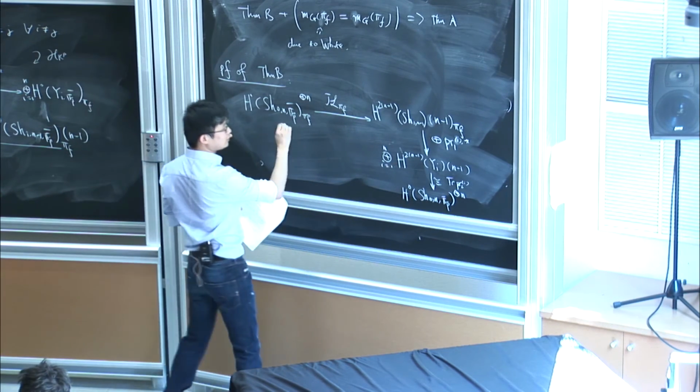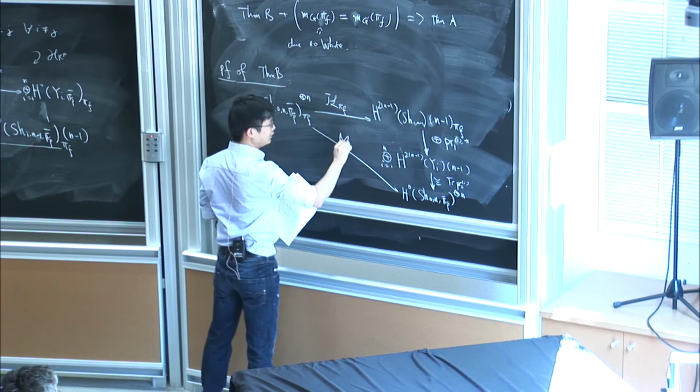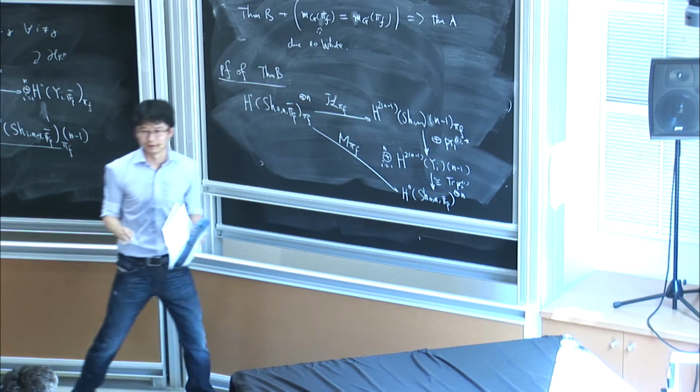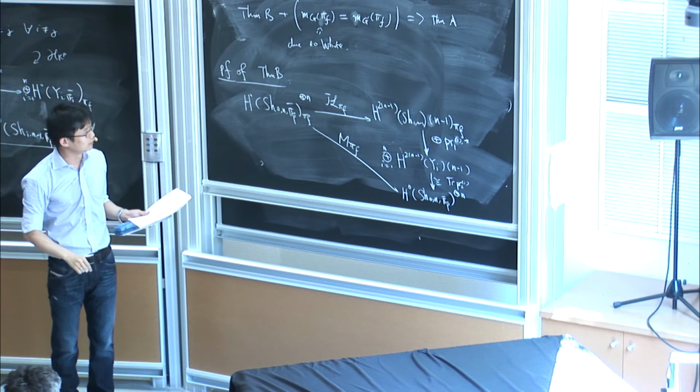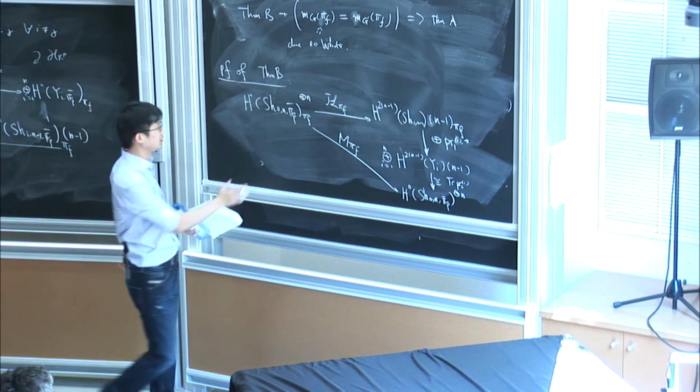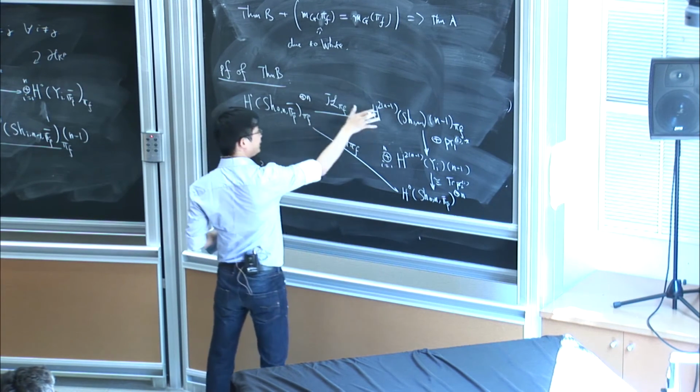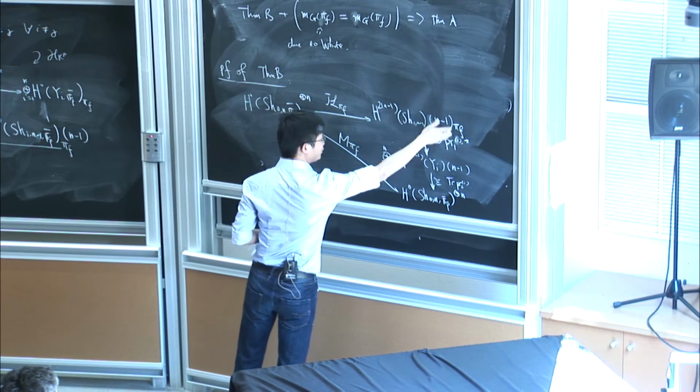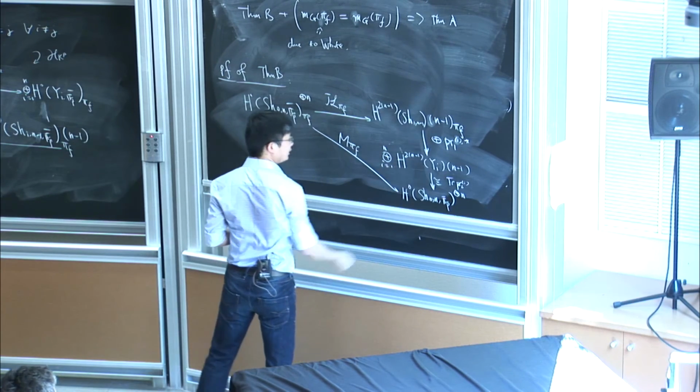So basically, you consider this composition, which is the intersection matrix of those cycles, actually. You first push forward, then pull back, restrict to each component, and take the trace.